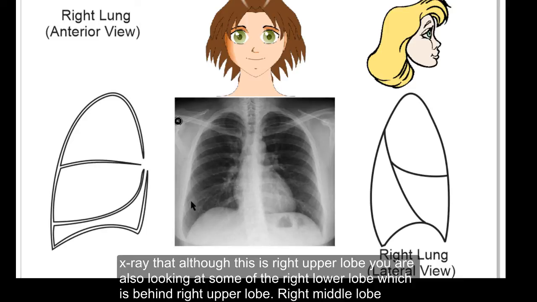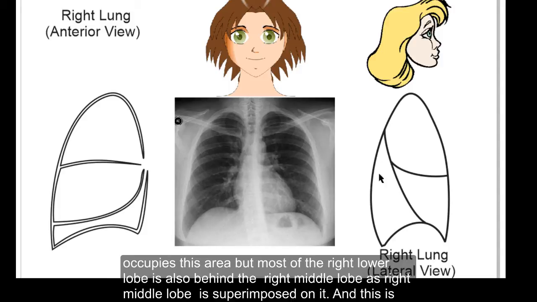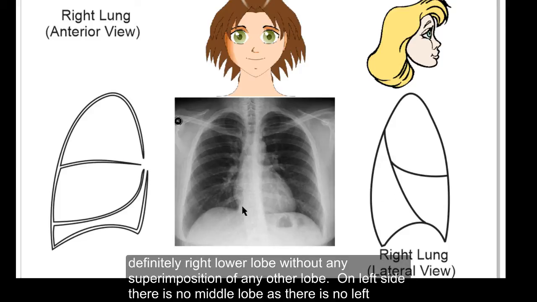This is the right middle lobe, but you can also see that most of the right lower lobe is posterior to the right middle lobe. So you're also looking at some of the right lower lobe superimposed by the right middle lobe, and this area is definitely right lower lobe, without any superimposition of any other lobe.